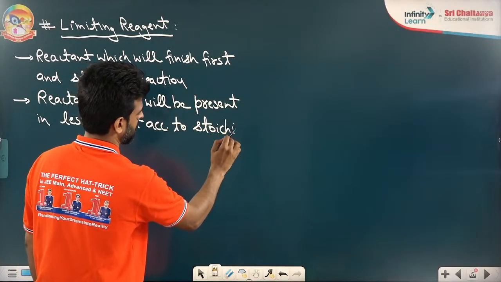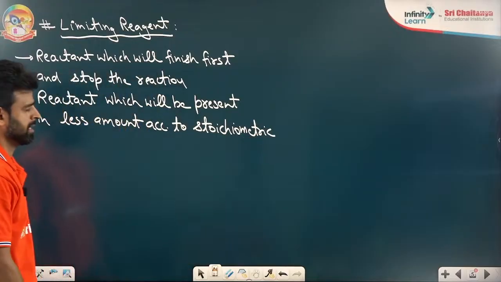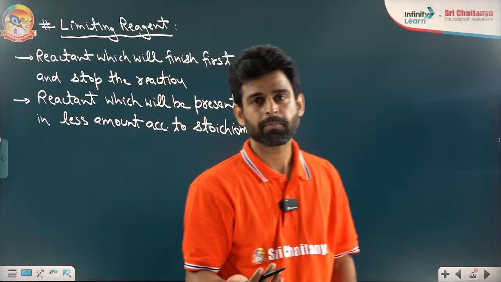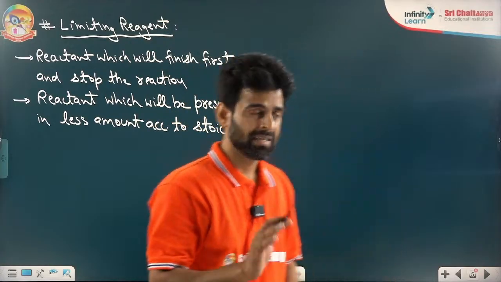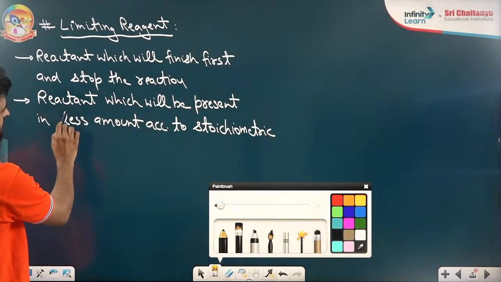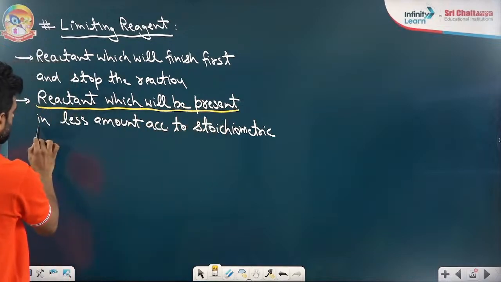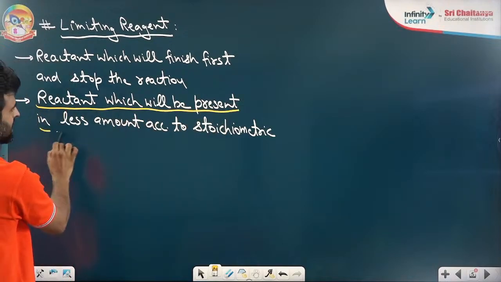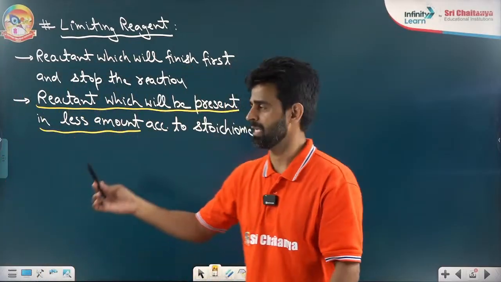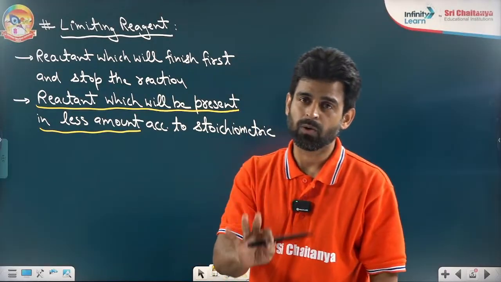Now here students make mistakes. Sometimes they ask statement type of questions where students make mistakes. Be careful about this definition. If they give me the definition as the reactant which is present in less amount, and stop there, this will be wrong.